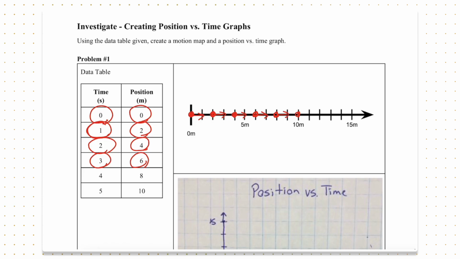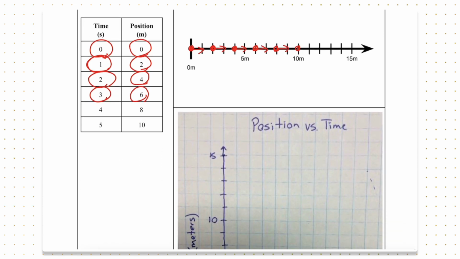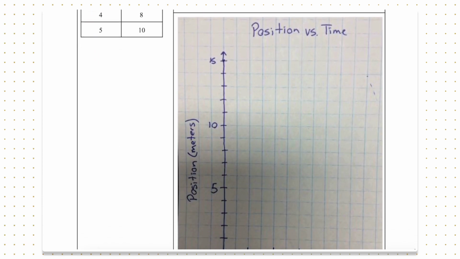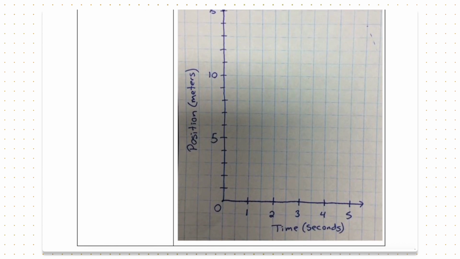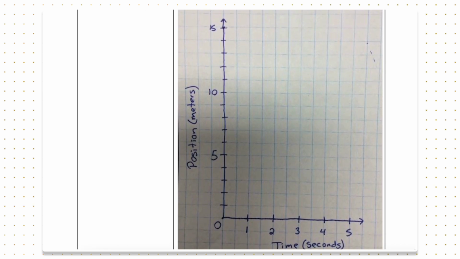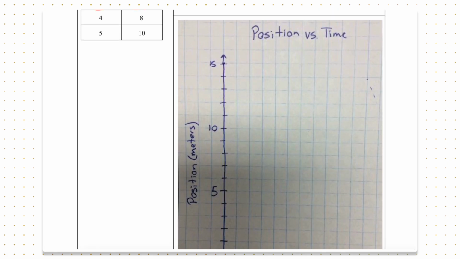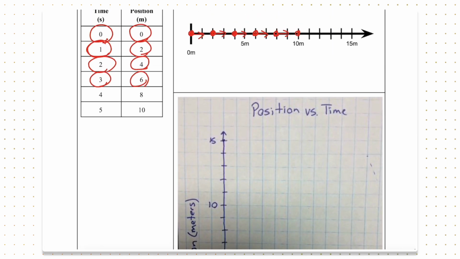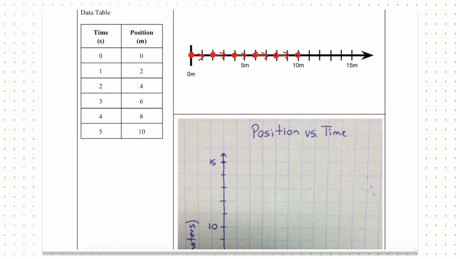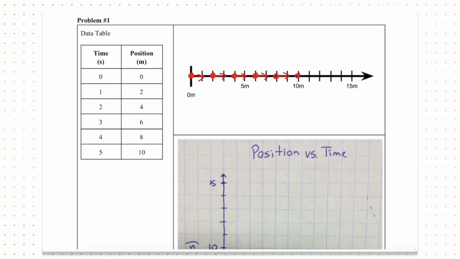Now, here's the next thing, and this is where I want you to think back to what you've done in your math classes. Because what we're going to do here is make what's called a position versus time graph. And it shows the exact same information, just in a different way. And when you've done this in your math classes, okay, this is just your t-chart, right?